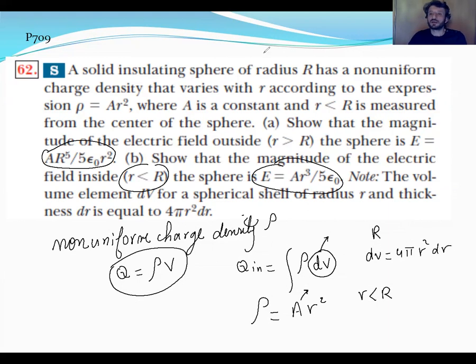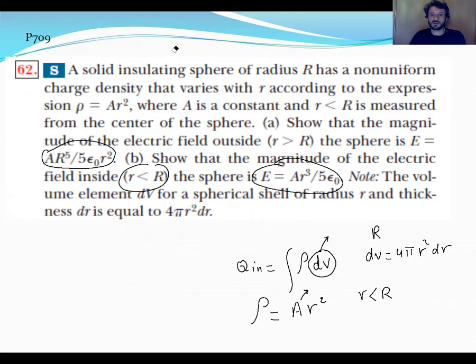Okay, let me write the given. First of all, here we have Q in equals the integral of rho dV, because rho is not constant, and rho equals a r square, and dV equals 4 pi r square dr. We have a non-conducting sphere.